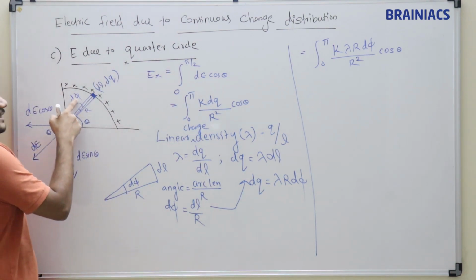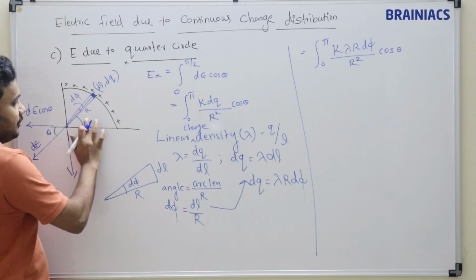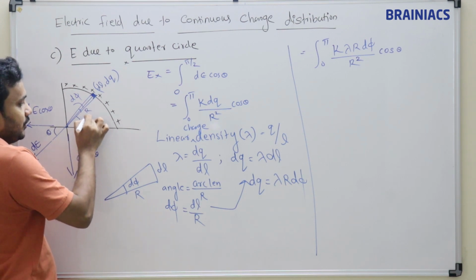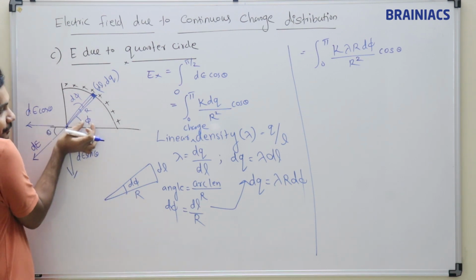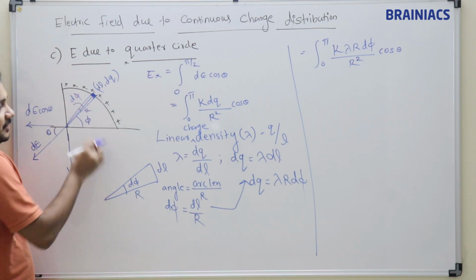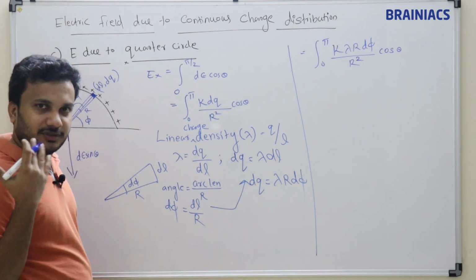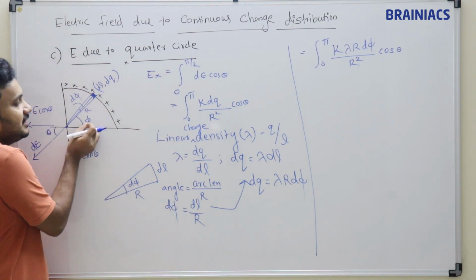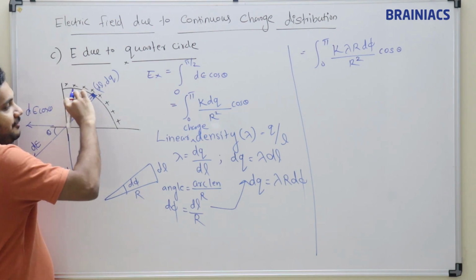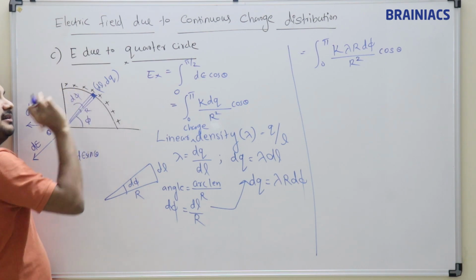Here this angle is d phi, meaning d phi varies from here to here. So instead of theta, I can say the total angle is phi, and the small angle is d phi. So I have replaced theta with phi. Theta and phi are actually the same. The only difference is that if I write theta, then I have to write d theta, and if I write phi, then I have to write d phi.